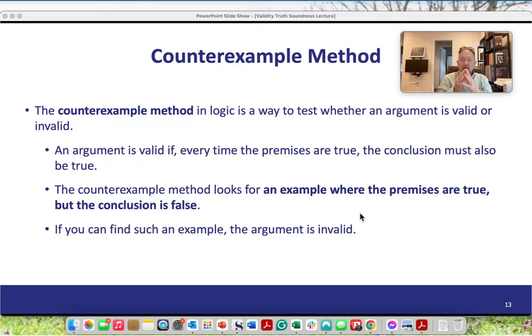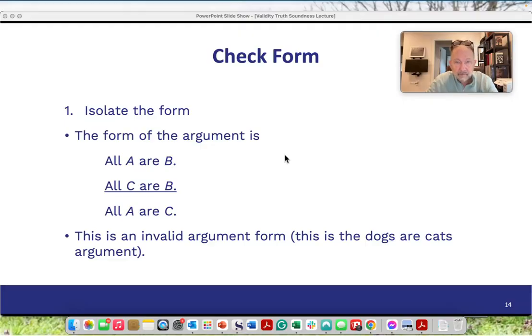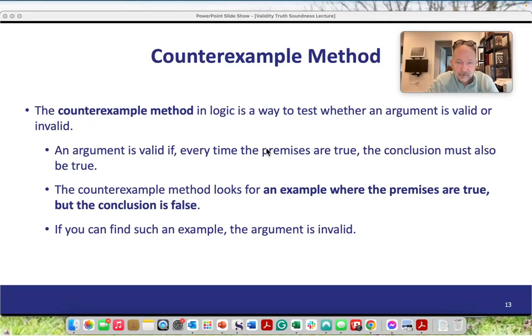So basically, you're going to look at an argument and say, is there any way that argument could be false, right? Can I falsify that argument? Because if you can, that's an invalid argument. And there are some examples here that we'll get to, all right?